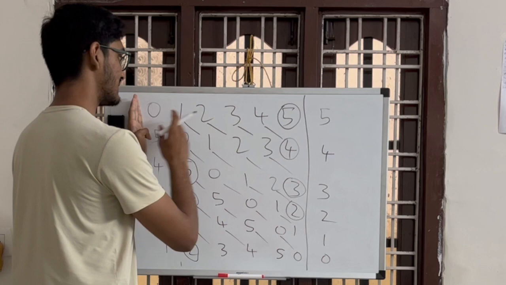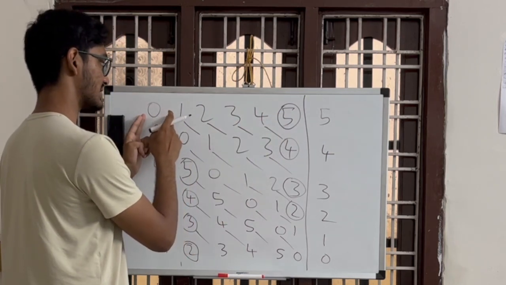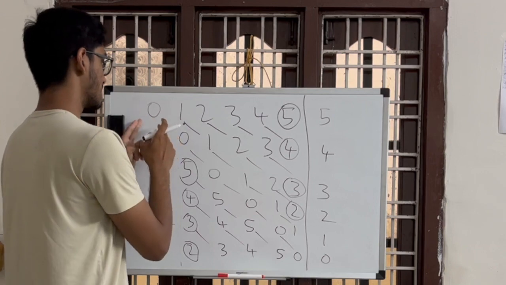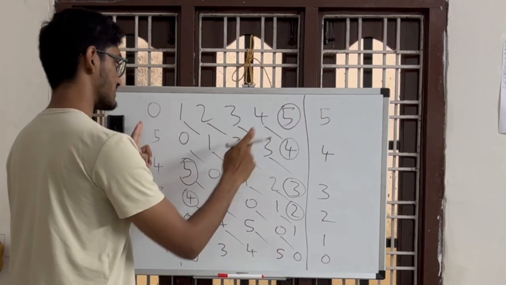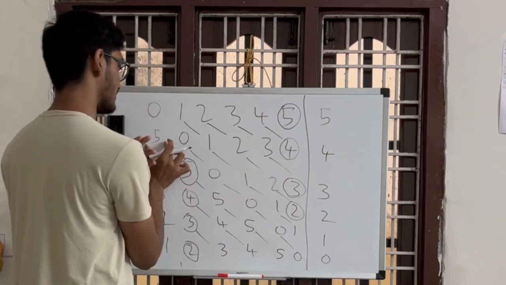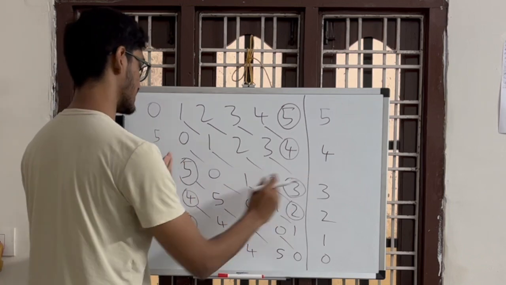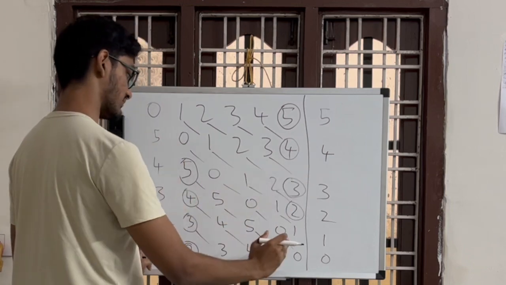For each and every iteration, we take the minimum number here initially, which is 0. Then we start right circular shifting this thing. So 0 and 5, 0 will go here, and the number will shift here, and 5 will come here. Similarly, when we circular shift this, 4 will come here and this will go there. 3 will come here, and 2 will, and 1 will.